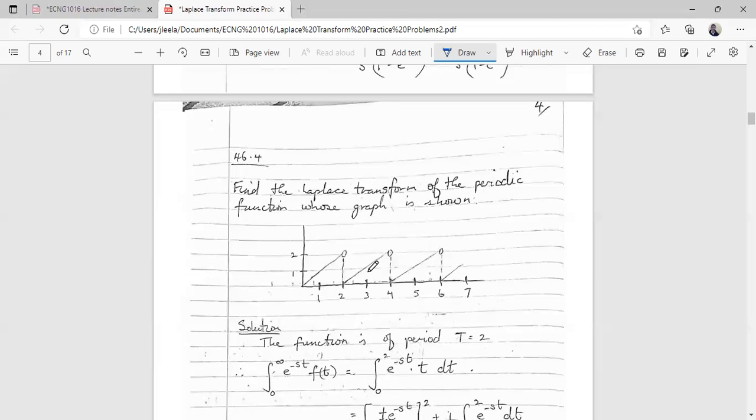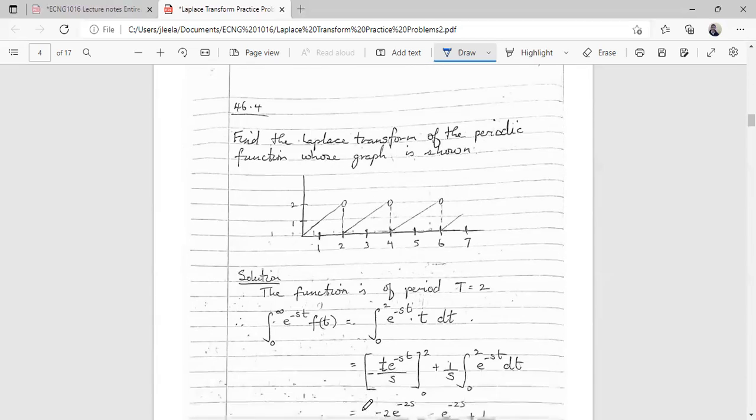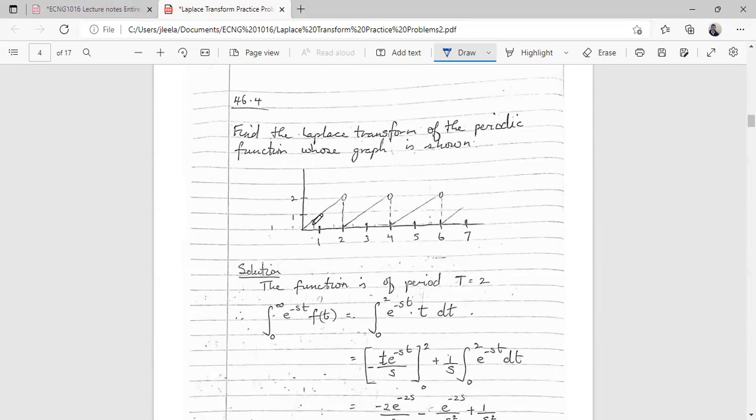And then the same thing happening between 2 and 4, and between 4 and 6 and so on. Right? So we need to find the gradient of this, but this gradient is easy because the rise here is 2 and the run is 2, so the gradient is 1. And the y-intercept is going through the origin here. So it means that this function here is just t, right?